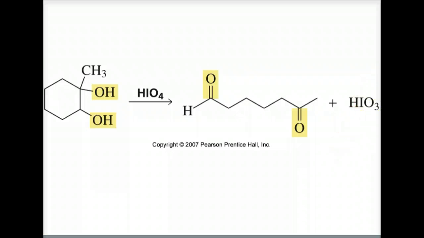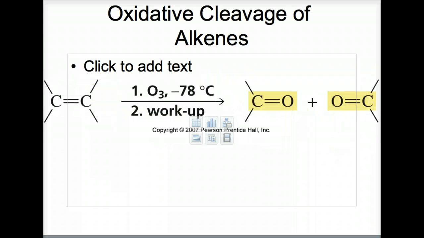So let's go to the next slide. Oxidative cleavage of alkenes. Again, as you know, alkenes can be oxidized to 1,2-diols, and 1,2-diols can be further oxidized to aldehydes and ketones, as we have seen on the previous slide. Also, alkenes can be directly oxidized to carbonyl compounds by ozone and/or by potassium permanganate.